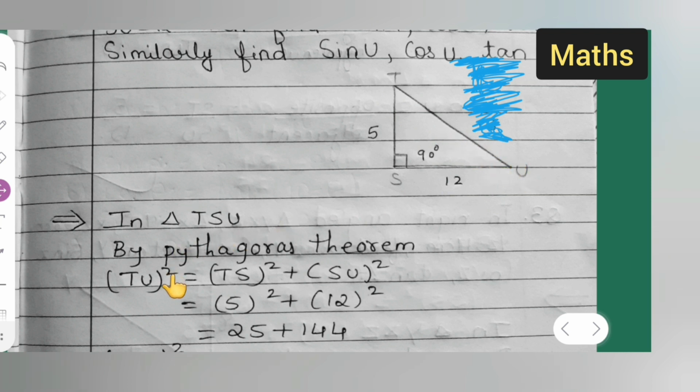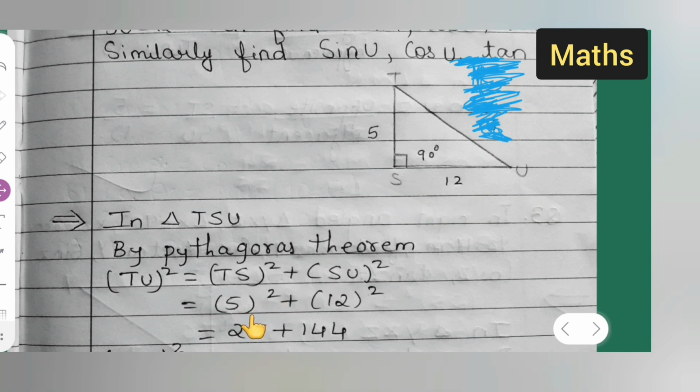Hypotenuse TU squared is equal to TS squared plus SU squared.